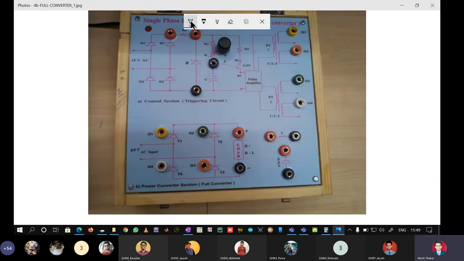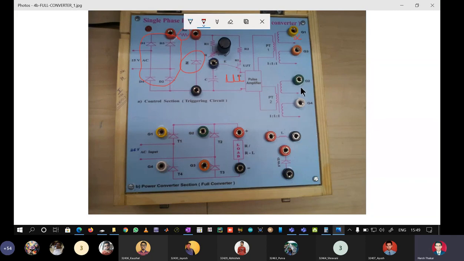Same setup is here. There is a rectifier, Zener limiter, Zener voltage clipper, again pulse amplifier, firing pulses. Okay, there are 4 here.